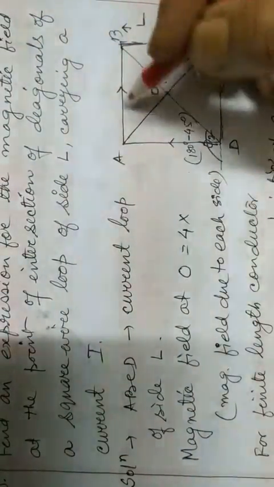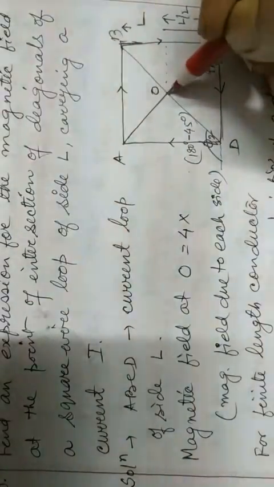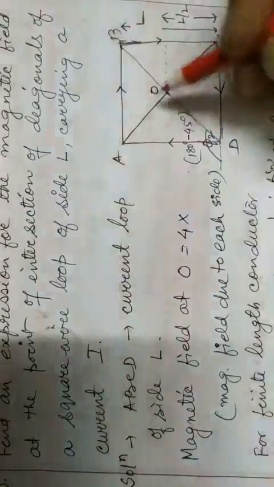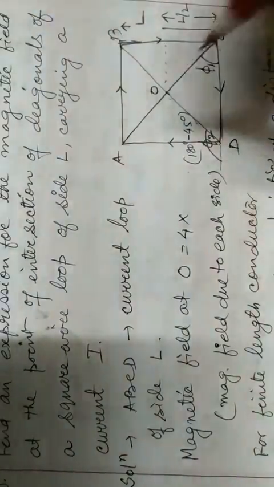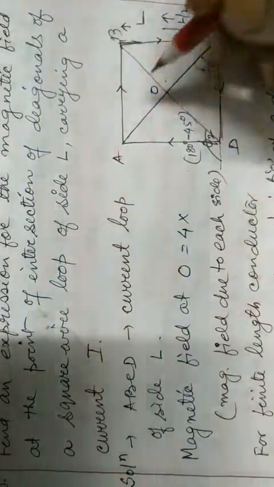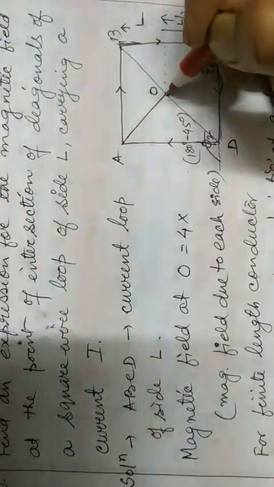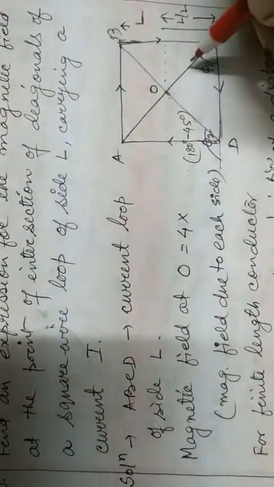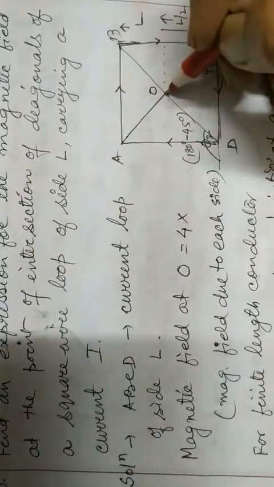Then for the whole, for these four sides, the magnetic field will be 4 times that. For each side, at the intersection of the diagonals, the magnetic field will be in the same direction. Therefore, they will add up.